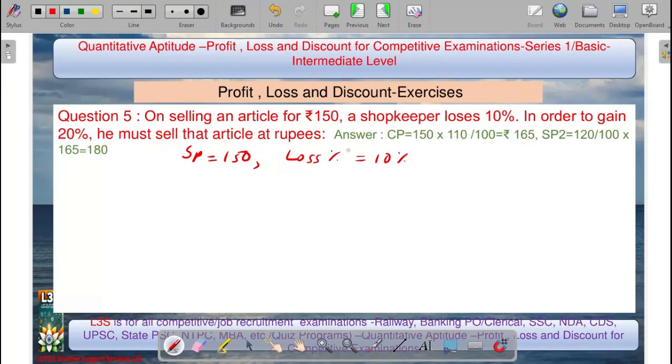So first let's find out the CP. His loss is 10%, so we'll do it the easy way.